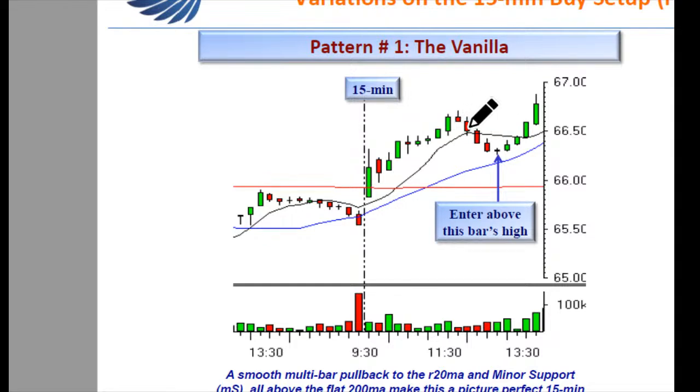You just have a nice clean pullback, and the pullback retraces about 40 to 50% of the initial move. So from here to there, that's 100%, that's about 40, and it also pulls back to support and/or the rising 20. If that's the case, you can always just wait for that bar's high to get taken out, and then put the stop under it and take it, and not look at multiple time frames.